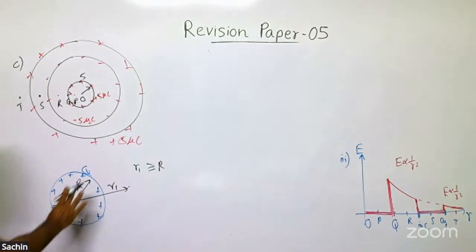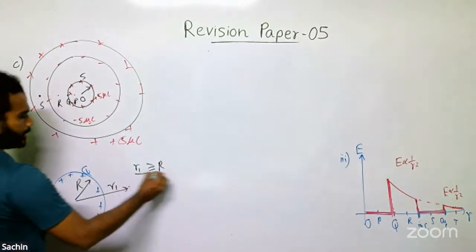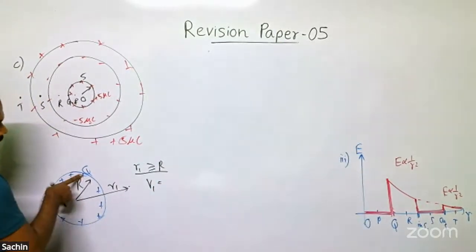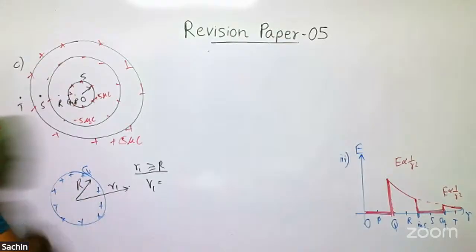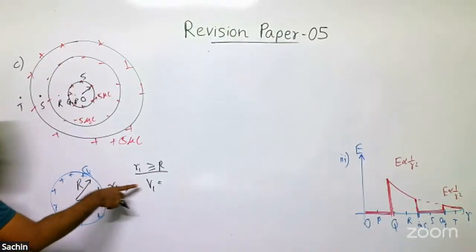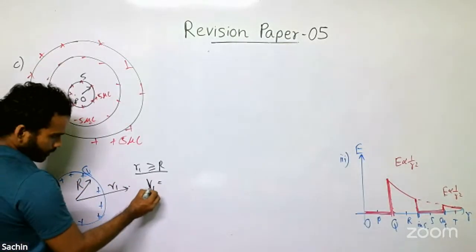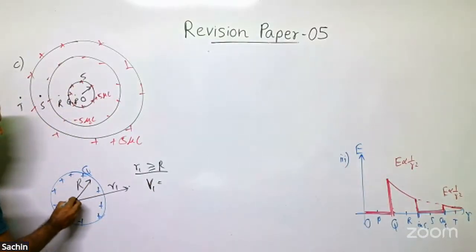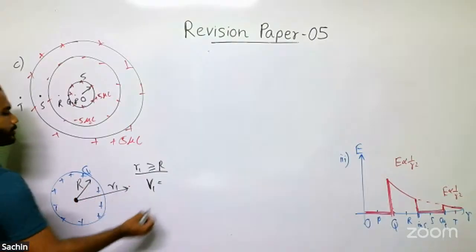Then evaluating the potential caused by this charge distribution, you just have to think this charge is kept as a point charge at the center and obtain the formula.